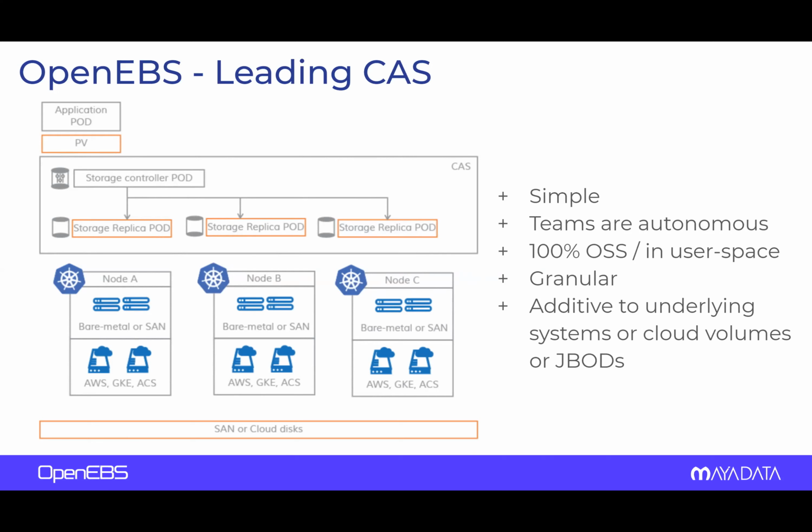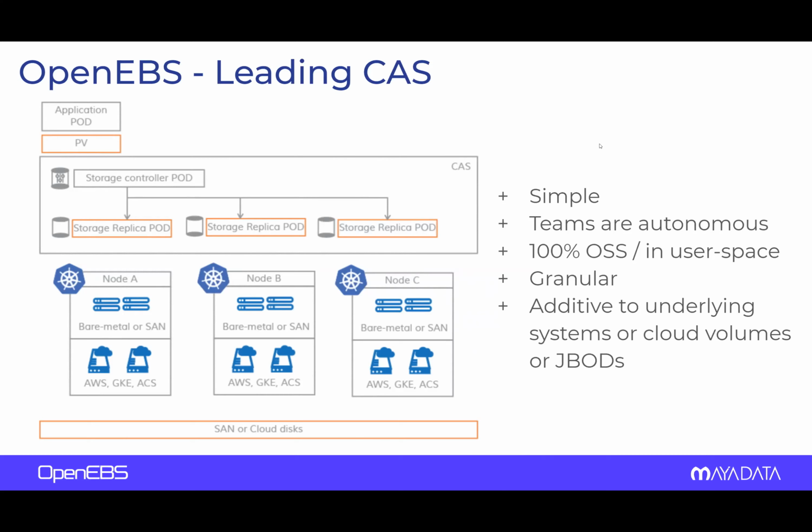And to that point, Murat, on the prior slide, we kind of set up the dichotomy. But I think part of what we're going to talk about right now is the fact that OpenEBS can also help you use those local PVs. In fact, OpenEBS runs on top of your existing SAN as well, if you wanted to.